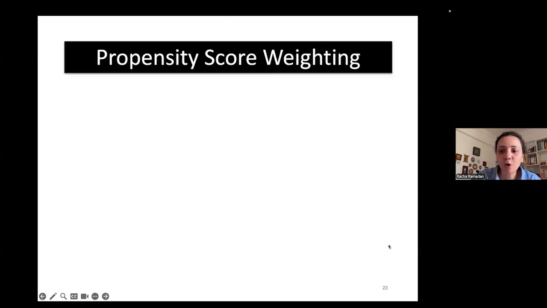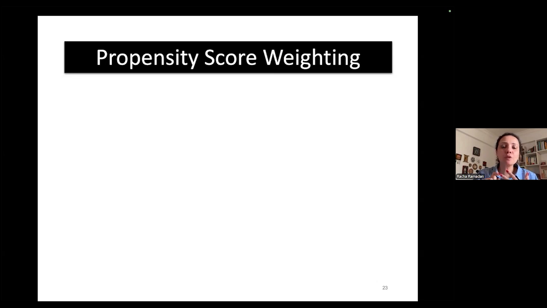Another way of using the propensity score is to use propensity score weightings. So again, if I revise the steps that will be magically done by STATA with only one line of command, and then it will provide us with all the steps: we select the variables, we estimate the probability of being selected into the program, or of being a victim of violence as in my example, or of being selected into a training or capacity building program, based on these variables.